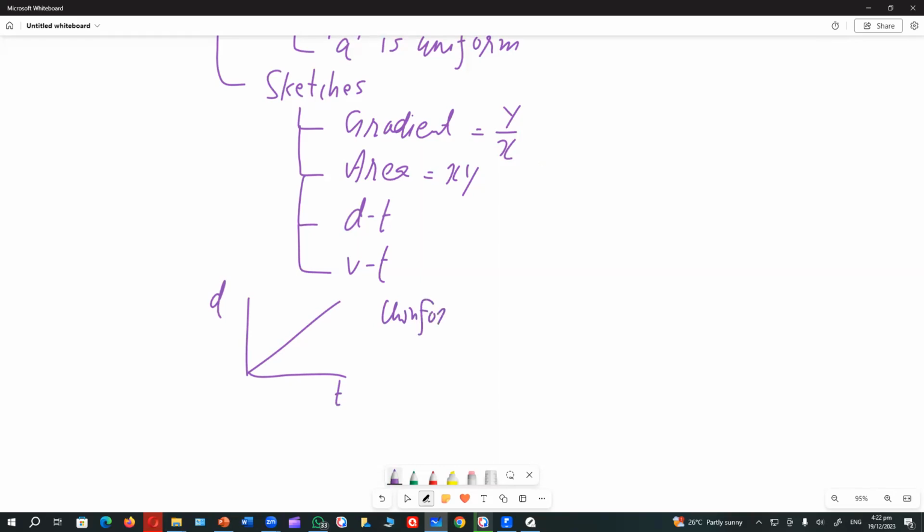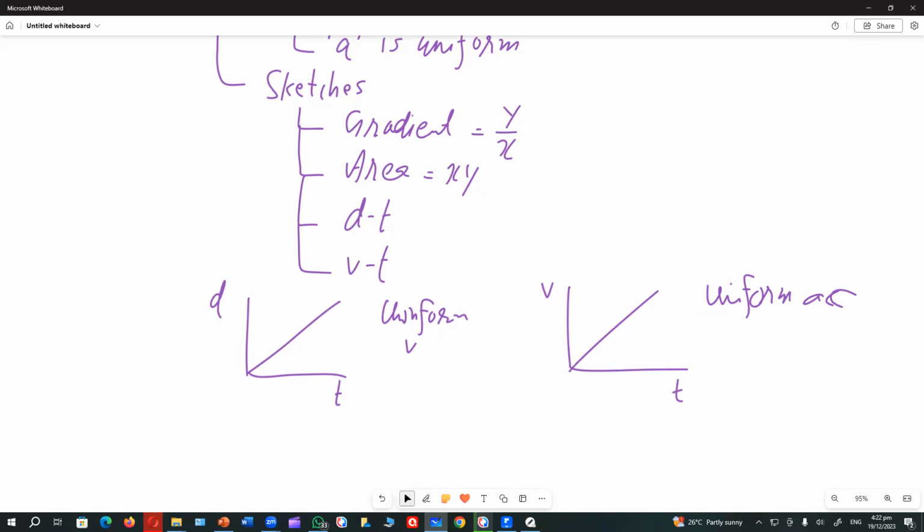So when you find the gradient, it will show uniform velocity because the gradient is constant. If you have velocity against time and you draw a straight line, this time the straight line means uniform acceleration. Why does it mean uniform acceleration? Because it's a straight line. Straight line means constant gradient.